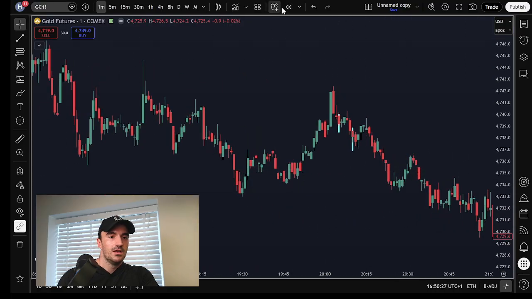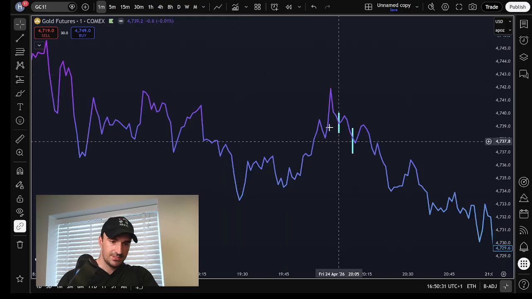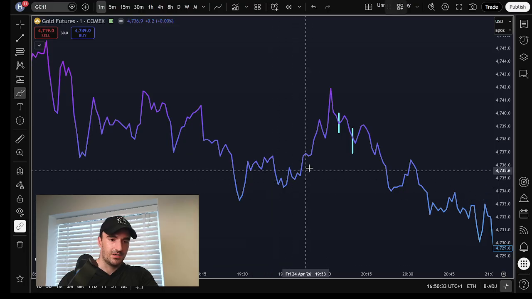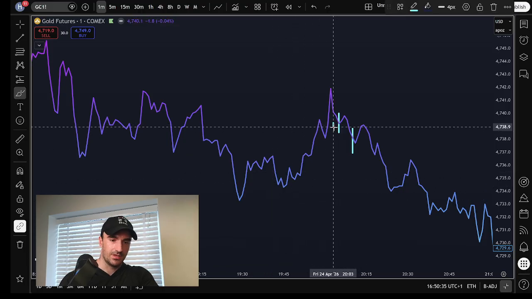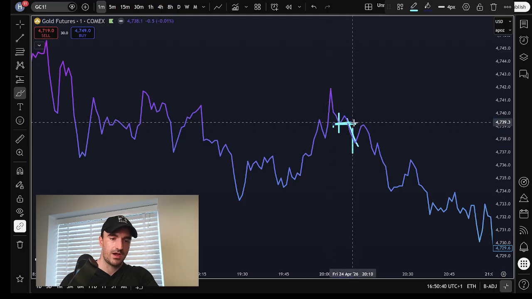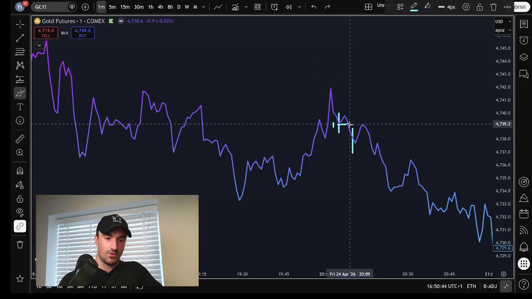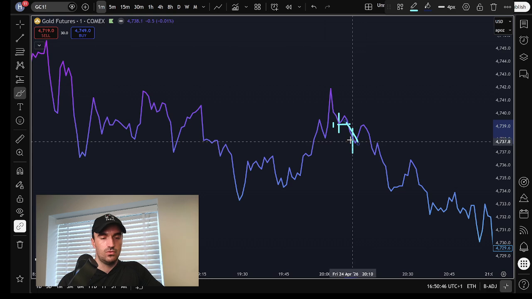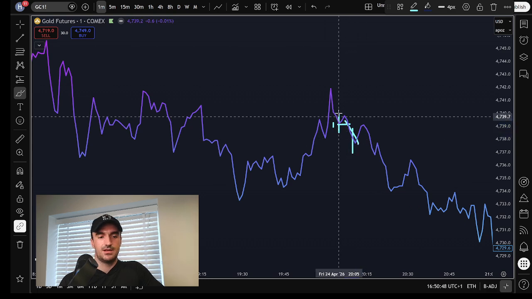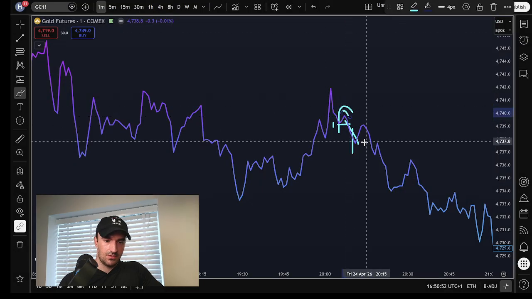So let's put the line chart on. As you can see on the line chart, you can see how it broke the higher low. Potentially the higher low, it broke and it formed a new lower high. Yeah? This one here is a new lower high.